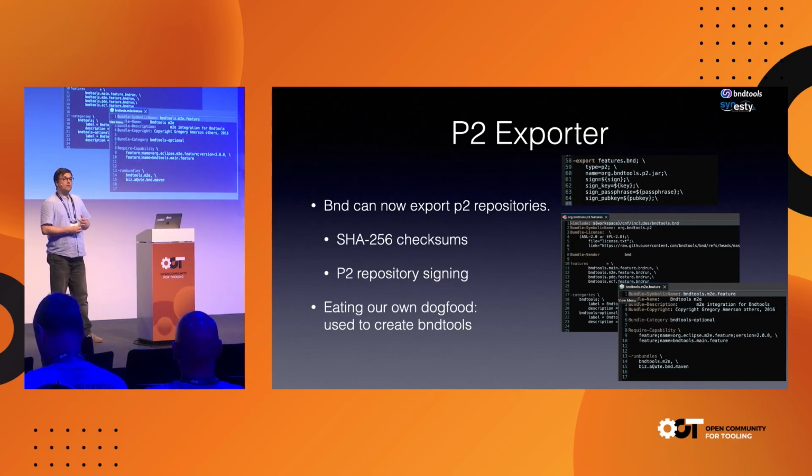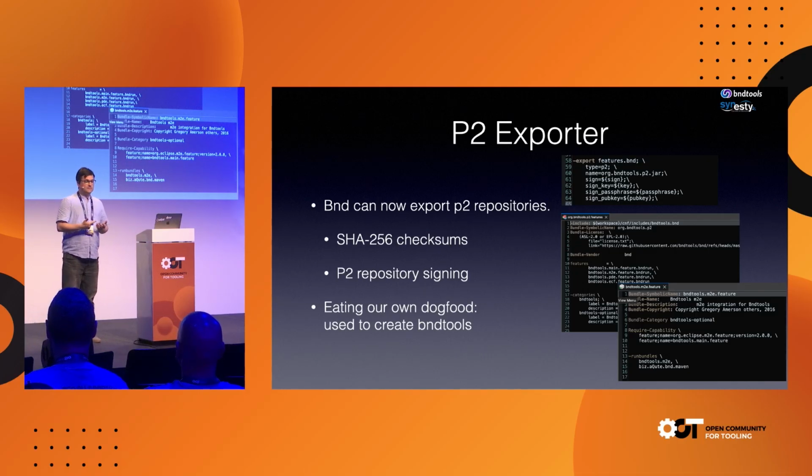Bnd also has a P2 exporter now. So basically you can create P2 repositories with it, which are properly signed and have checksums. And as a proof of concept, Bnd or Bndtools uses it itself to create the P2 repository, which you basically install in Eclipse when you install Bndtools from the marketplace.